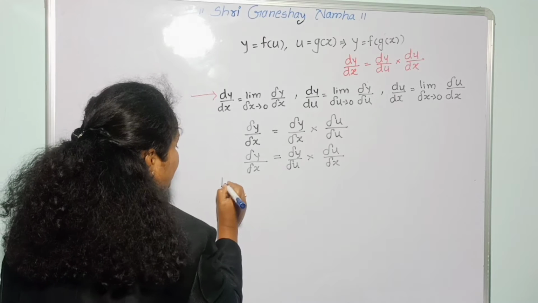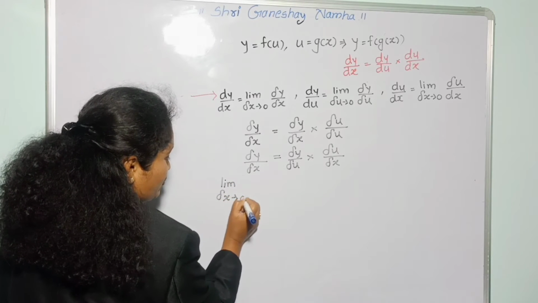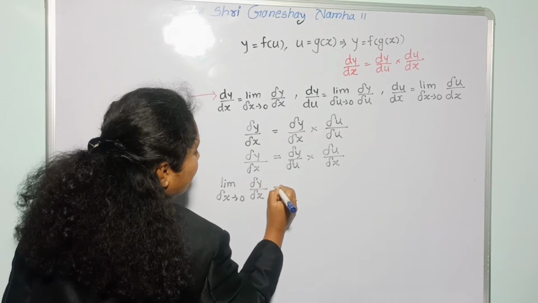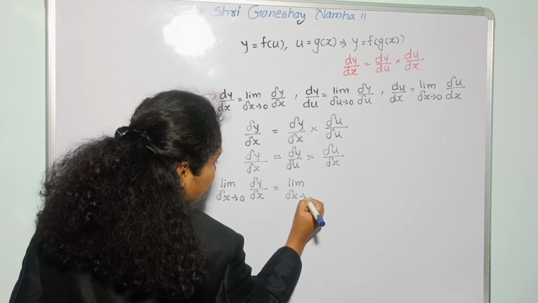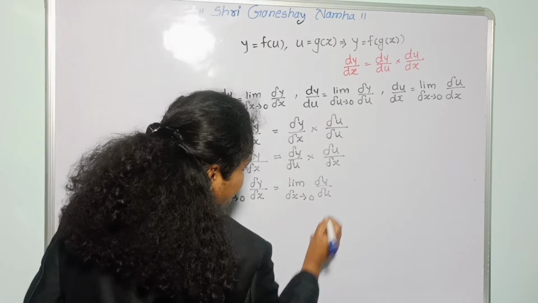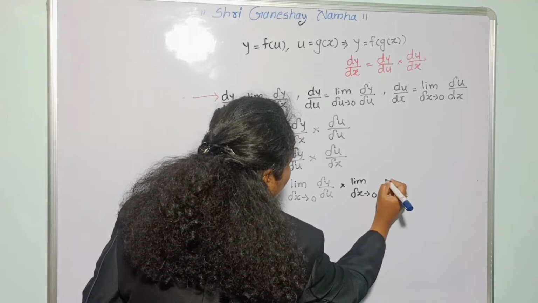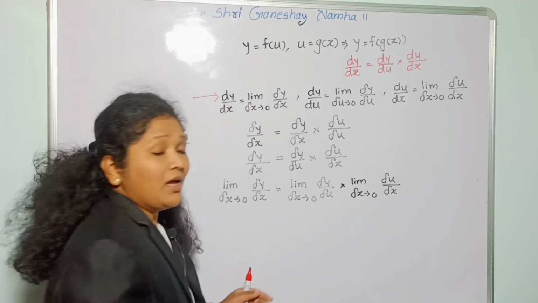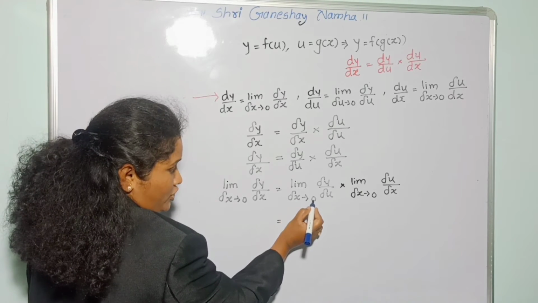If we apply the limit delta x tends to 0, delta y upon delta x equals limit delta x tends to 0 of delta y upon delta u, multiplied by limit delta x tends to 0 of delta u upon delta x. Now see, here delta x tends to 0.